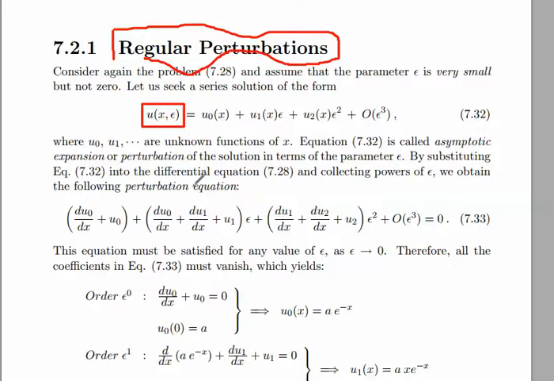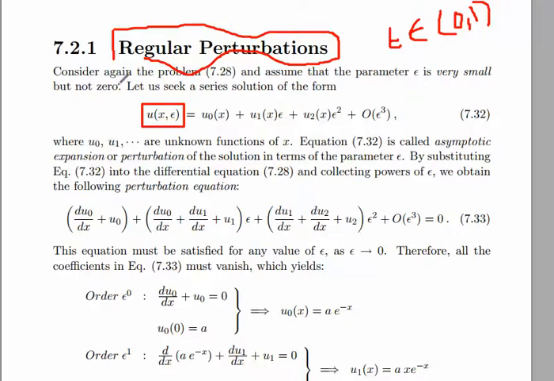So this u is depending on x, and this epsilon is some small number which most probably belongs to the interval 0 to 1. It could be 0.1, 0.2, 0.3, 0.5, or even smaller values from this interval.